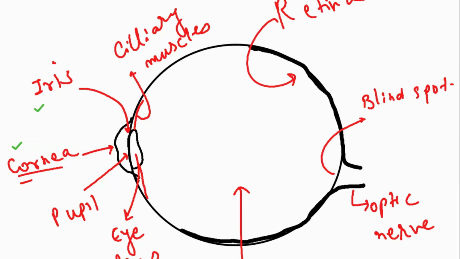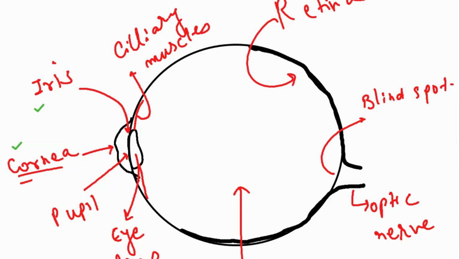And when you are in the dark and want to see an image clearly, your pupil automatically expands. That's why the iris is just behind the cornea, which controls the size of the pupil.